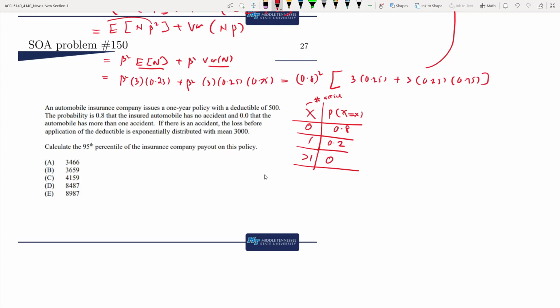Okay, so now let's write how the payment is going to be. The payout, that's basically L. I'm going to use the notation L. It's going to be 0 if no accident, and (x minus d)+ if accident.